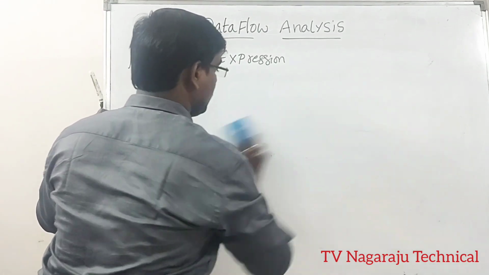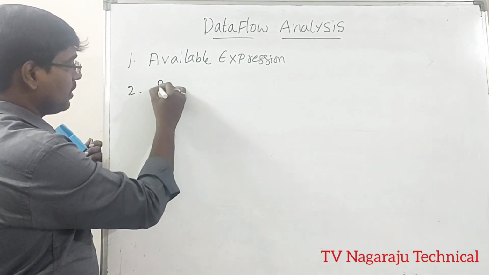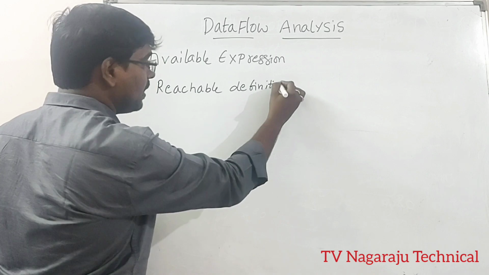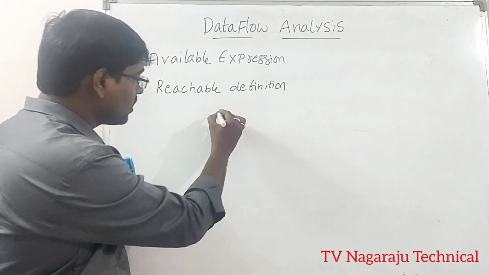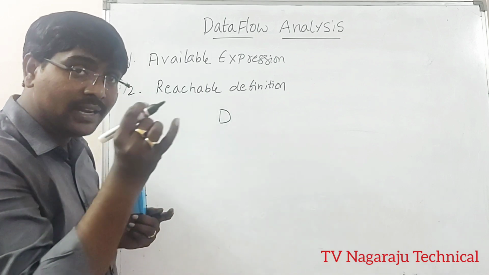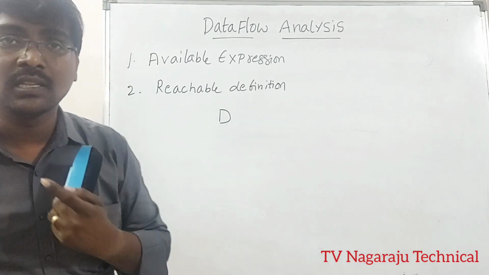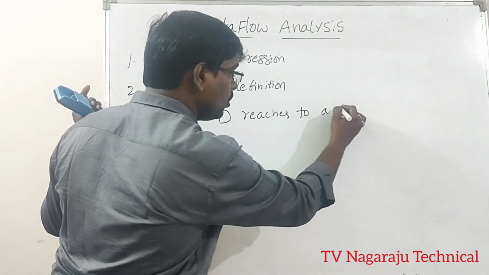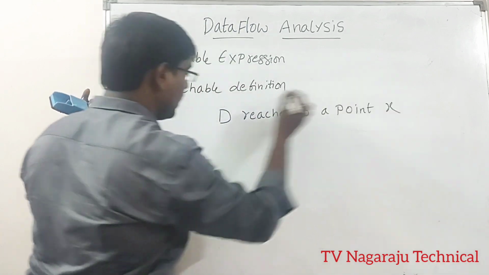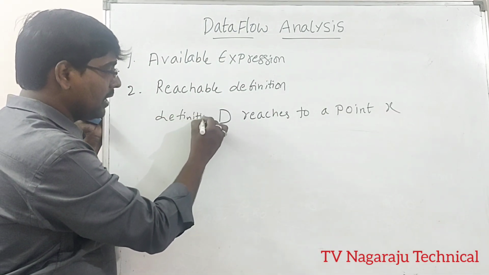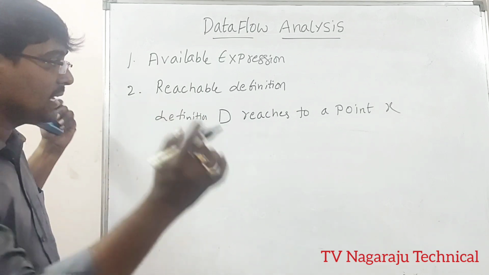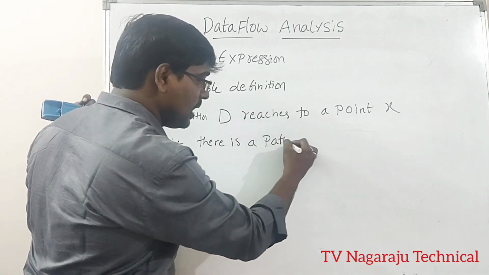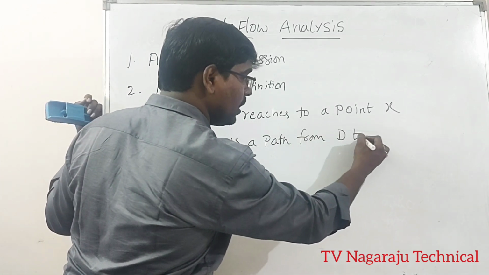Okay. Now, the second one is reachable definition. Reachable definition means simply a definition D. Definition means some x is equal to 5 like that. That is called definition. A definition D reaches a point x if there is a path from D to x.